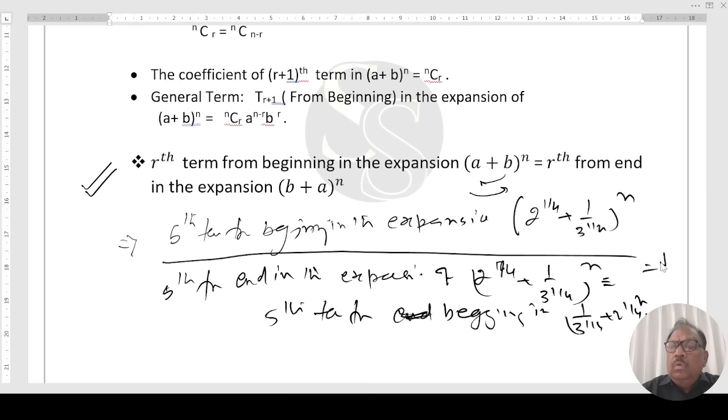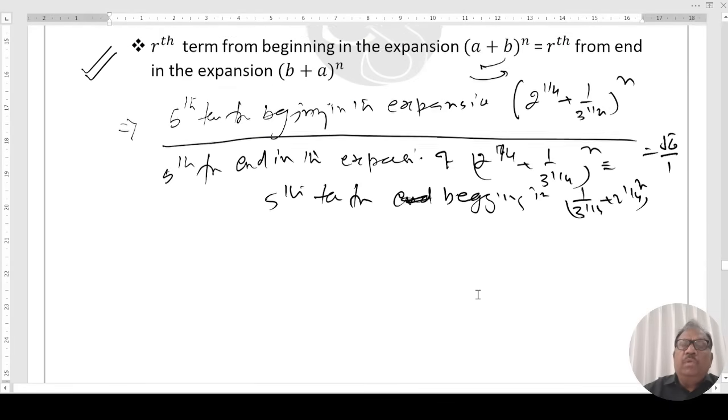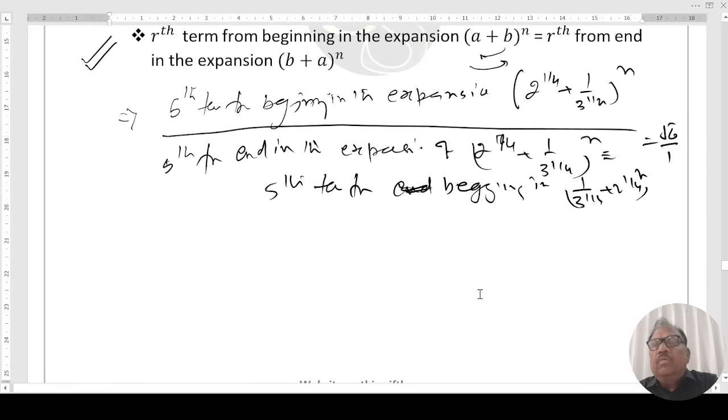That is equal to root 6 is to 1. That is, root 6 is to 1. Means the rth term from the end is equal to the rth term from the beginning if we interchange a and b. We have interchanged this, right?